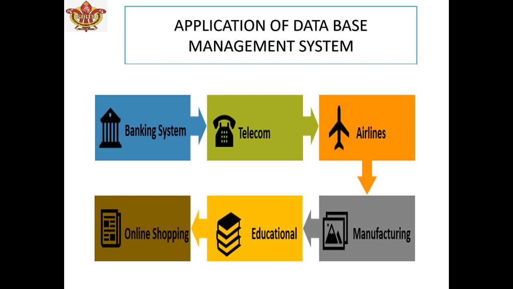This is where DBMS comes into the picture. Another is banking systems, for storing customer information, tracking day-to-day credit and debit transactions, and generating bank statements. All this work is done with the help of database management systems.